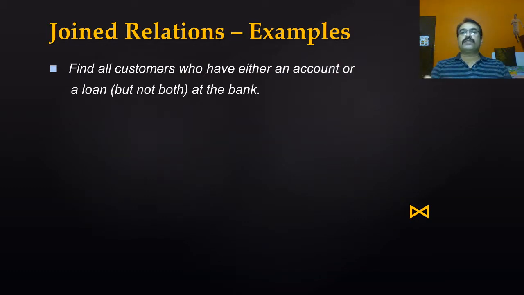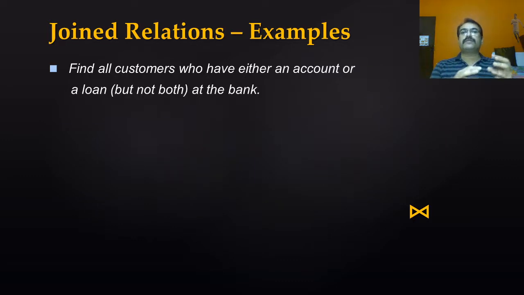Find all customers who have either an account or a loan at a bank. This query we have solved in both the examples, SQL as well as relational algebra. But how can I now write it using the join operation? Join operation is used in the from clause, because there we are following a small set, and the output from that set will be presented.